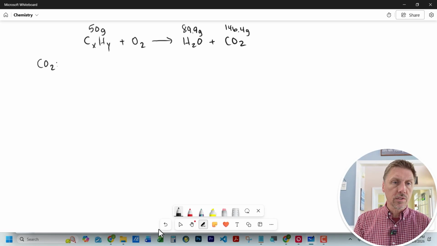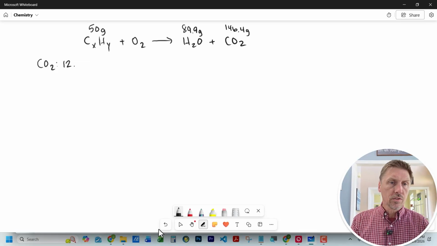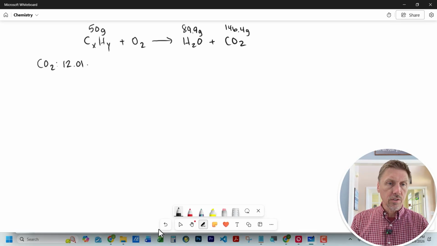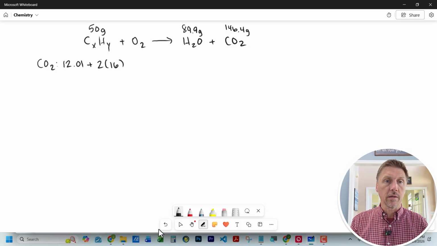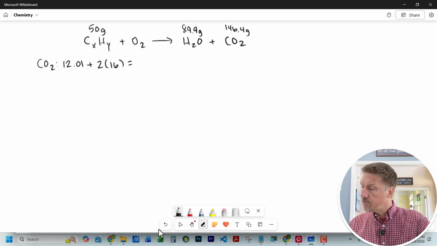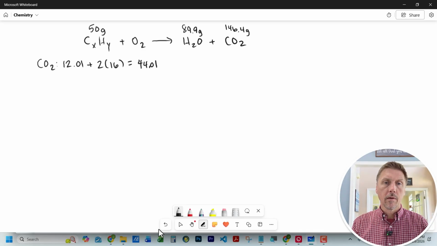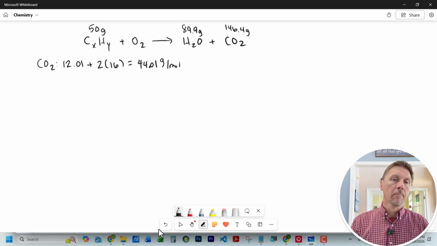And when we look at CO2 on the periodic table, C has an atomic mass of 12.01, and oxygen has an atomic mass of 16, but there are two oxygens, so we're going to multiply 16 times 2, and the result is going to be 44.01 AMU. But again, that's also the molar mass, so that many grams per mole when we're dealing with carbon dioxide.